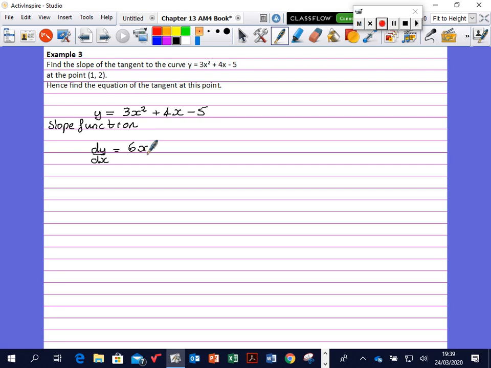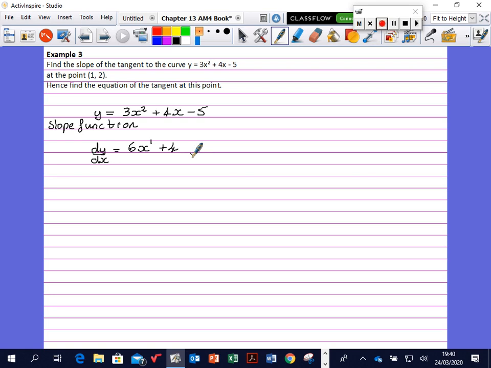I put the power down 1, so it becomes 1. And then I'm now going to differentiate the 4x. When I differentiate a 4x, it's purely the number in front, which is 4. And when I differentiate a minus 5, the answer is 0, so I don't write anything.